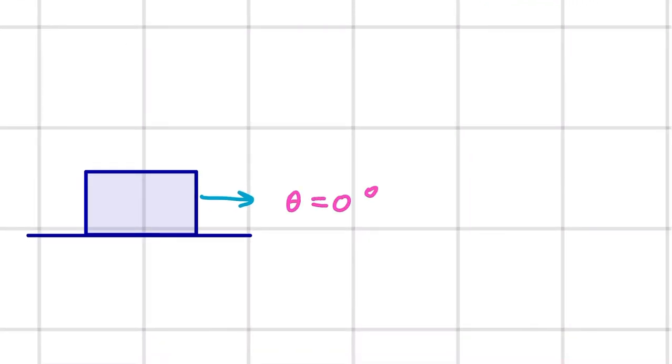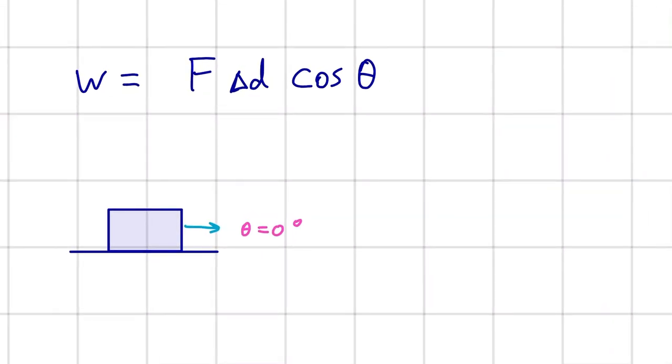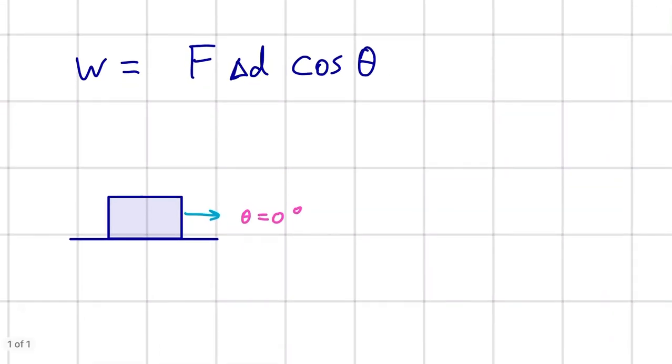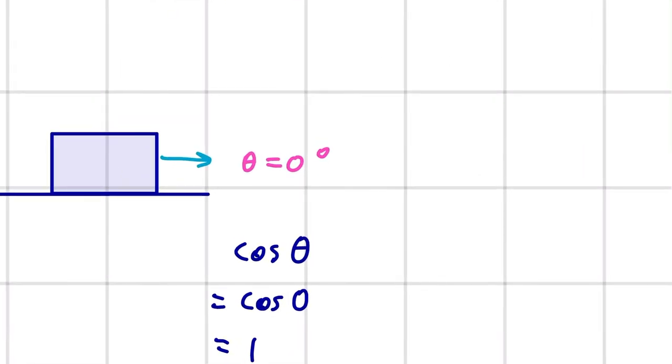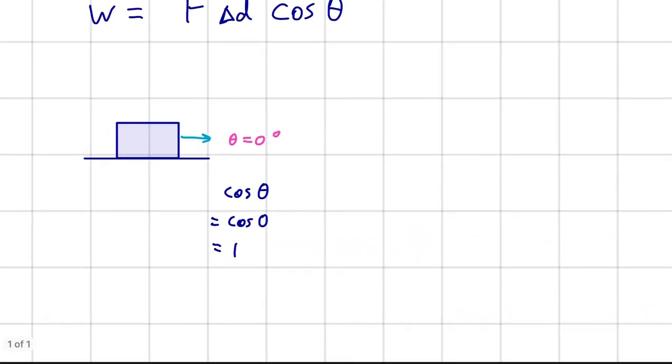So when theta is equal to 0 degrees, cos theta is equal to cos 0, which is equal to 1. So if we are pulling in the same direction as the movement is occurring, cos theta is equal to 1, so the work is just equal to F times delta D.